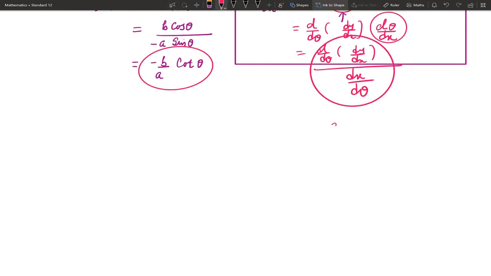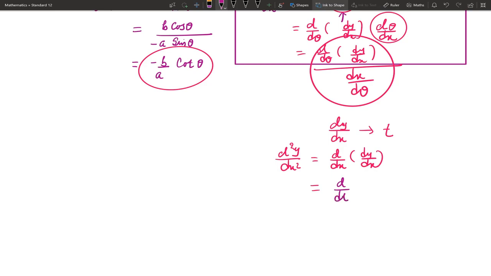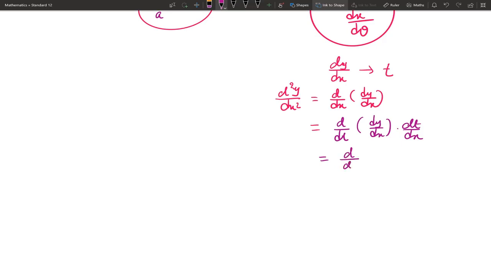Similarly, if dy by dx is in terms of t, then when you obtain second derivative d2y by dx2, d by dx of dy by dx, now if inside it is function of t, then this can be written as d by dt of dy by dx into dt by dx, and dt by dx is 1 upon dx by dt.